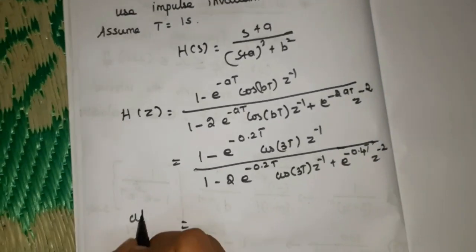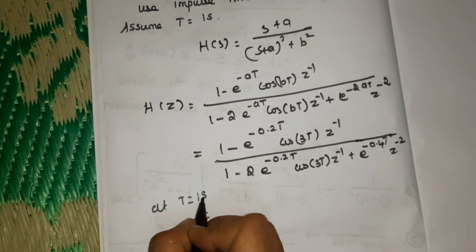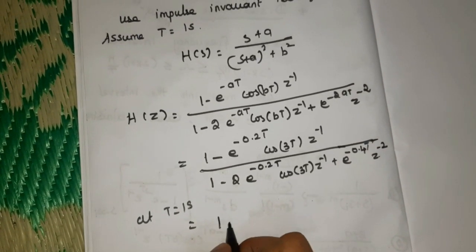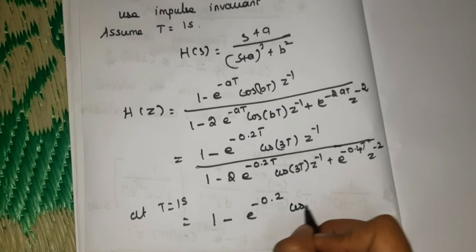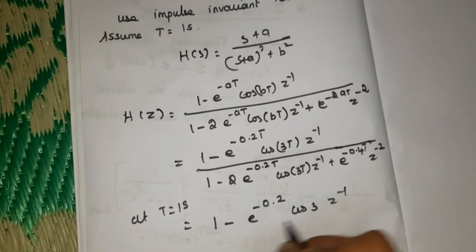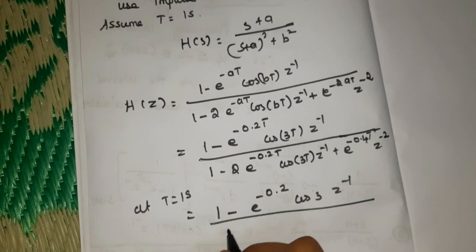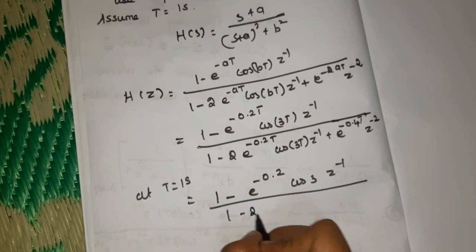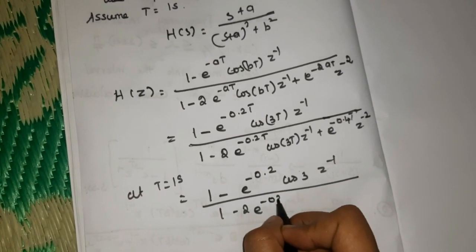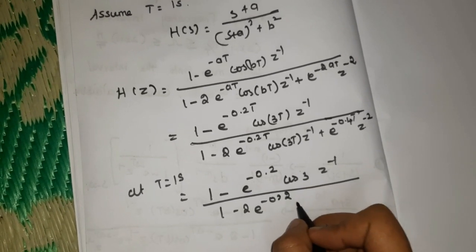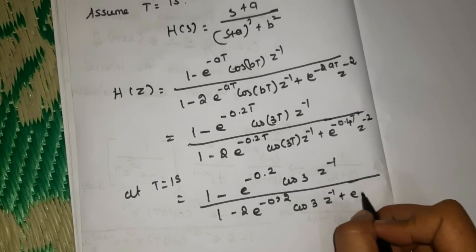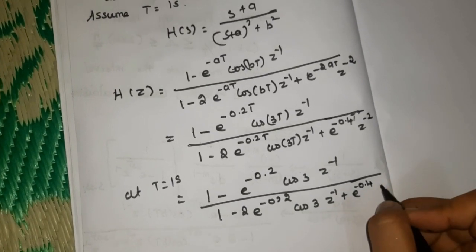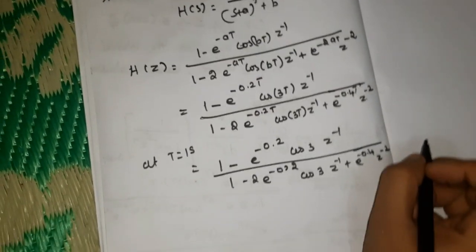So at T equal to 1 second, we will get 1 minus e power minus 0.2 cos 3 z power minus 1 divided by 1 minus 2 e power minus 0.2 cos 3 z power minus 1 plus e power minus 0.4 z power minus 2.